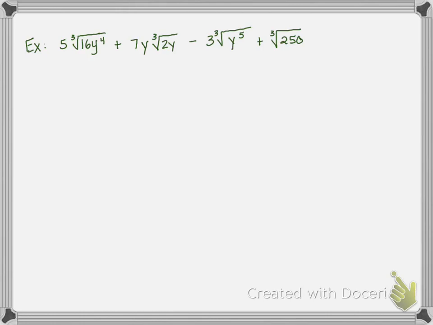Okay, so first things first, we're going to simplify each term individually. So as we look at this, it's a big expression and there's lots of things going on. But you want to think of each of these as kind of just its own little problem for now. So we're going to factor our radicands.